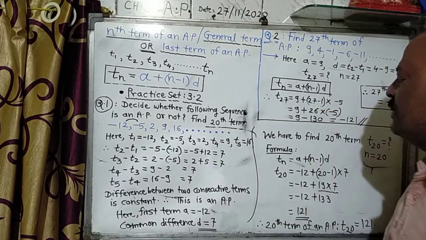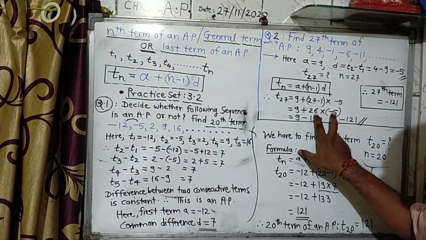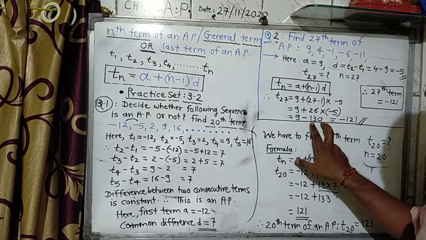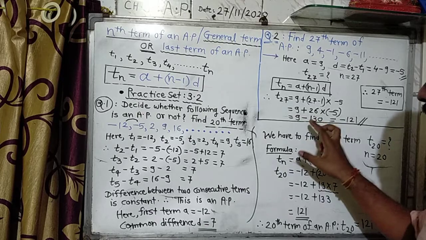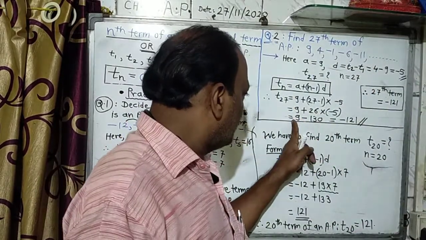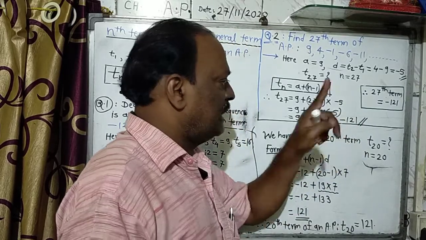First find this multiplication: 26 into 5 is 130. So 9 minus 130. 130 minus 9 is 121, and the greater number has the minus sign.